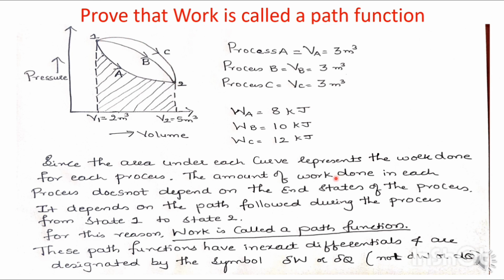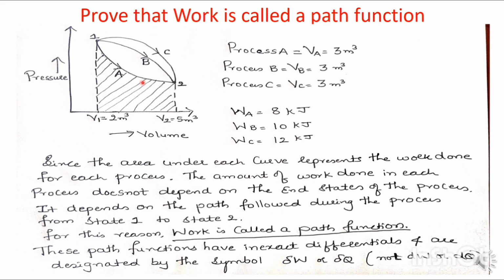So easily we can tell that the amount of work done in each process does not depend on the end states of the process, but it depends on the path followed during the process from state 1 to state 2. For this reason, work is called a path function.